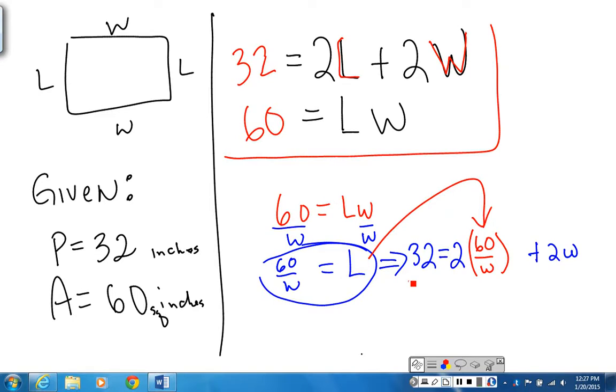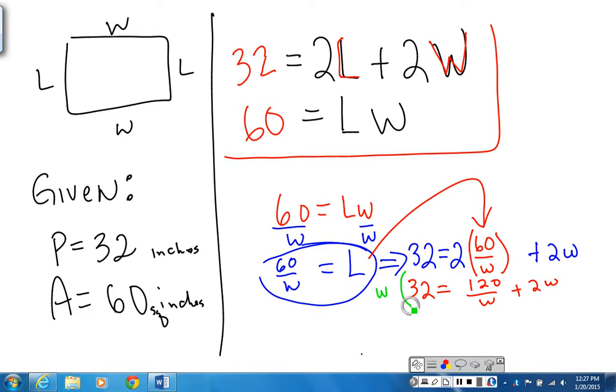Alright, so that's 32 equals 120 over W plus 2W. That looks weird. Now, what we can do, because we don't like variables in the denominator, we can get rid of that fraction. I wonder if y'all know how to get rid of that. Well, let me tell you. You can multiply everything by the LCD.